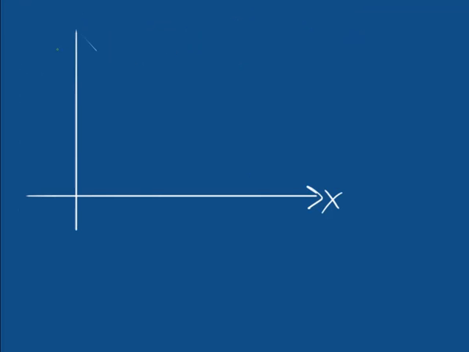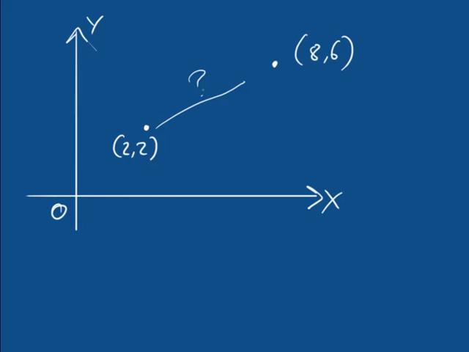There we go. So if I had 2D Cartesian space with an x-axis and a y-axis, and I had 2 points in that space, and let's say this point was 2 in x, 2 in y, and this point was 8 in x and 6 in y, say, and I want to find the distance between those points. Well, we had our formula from volume 1.